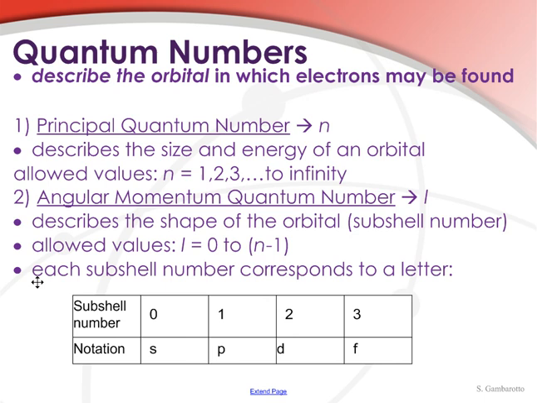Each subshell number corresponds to a letter. If we have the subshell number 0, we call that s. If we have subshell number 1, we call that p. Subshell 2 is d. Subshell 3 is f. Now I know this is all very new for you, so what I'm going to do on the next slide is actually show you a picture of what this looks like.